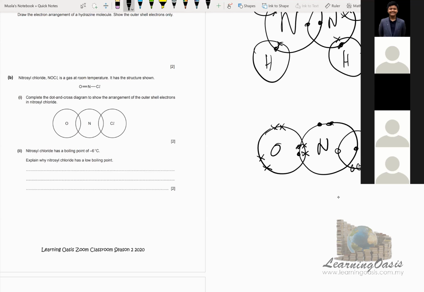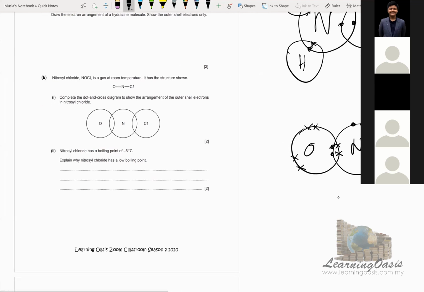Right. Now, nitrosyl chloride has a boiling point of negative 6 degrees Celsius. Why does nitrosyl chloride have a low boiling point, Nina? The nitrosyl chloride has weak van der Waals forces between the molecules. So make a statement first. Nitrosyl chloride is a simple covalent molecule. Carbon dioxide is a gas at room temperature. Nitrogen is a gas at room temperature. You have to make a statement first.